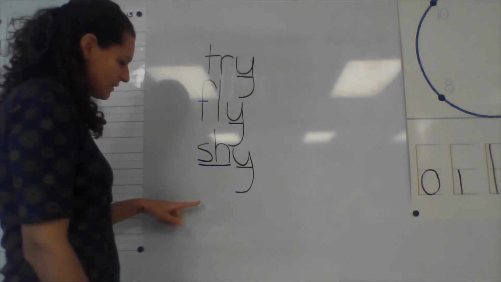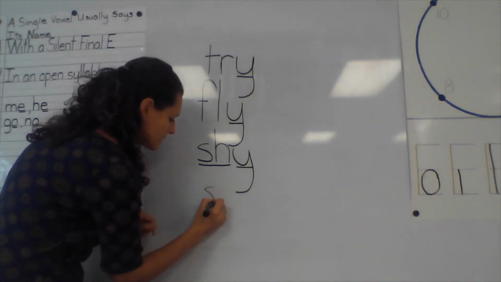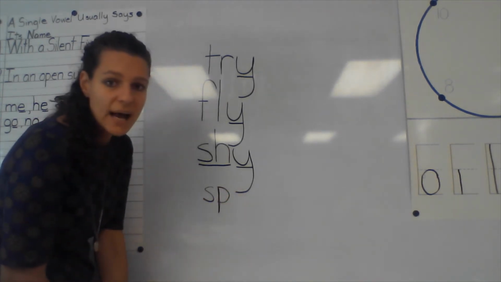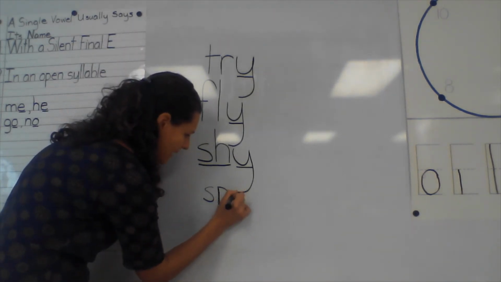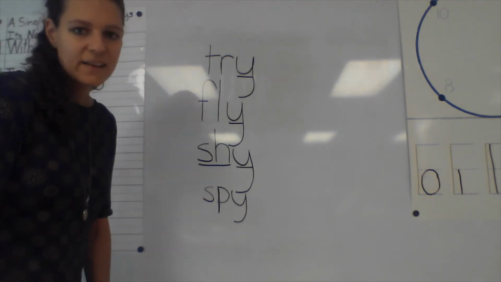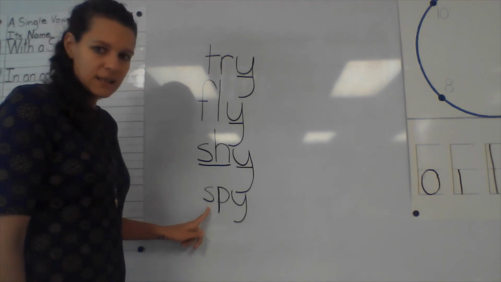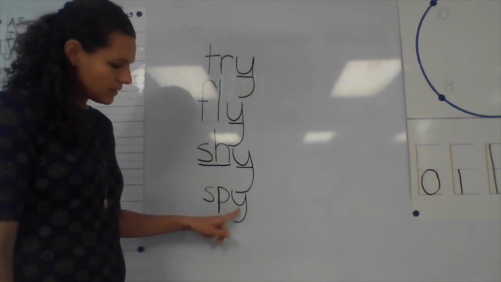All right, class, what do I need to write to spell spy? Good. Good, I. And which I do I use? Very good, yeah, Y. All right, so make sure your spy looks like mine. Let's mark it. Does this need a marking? Yes.